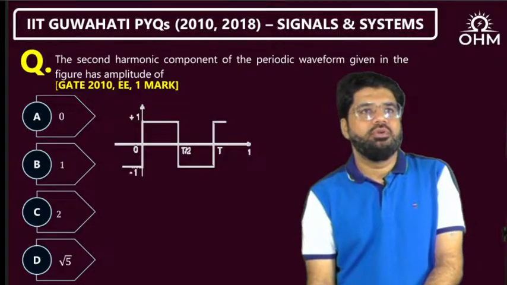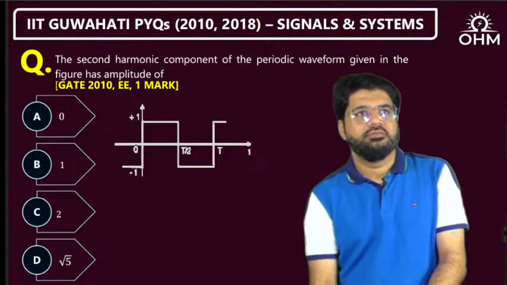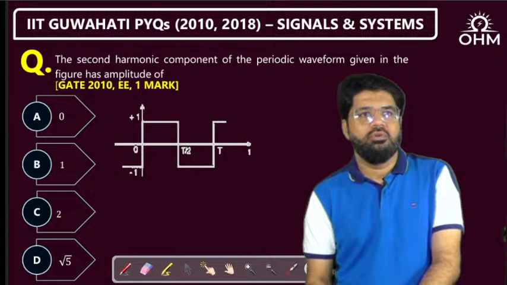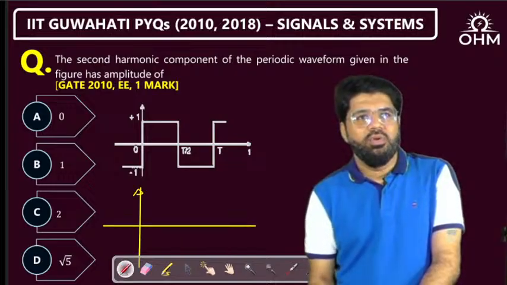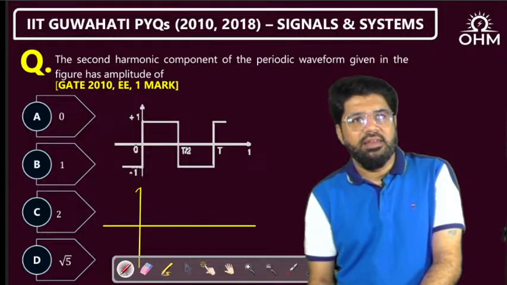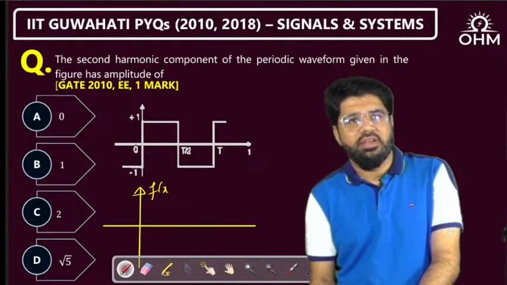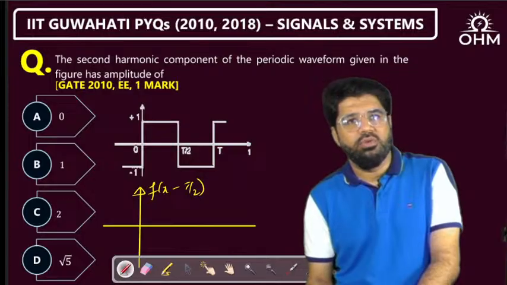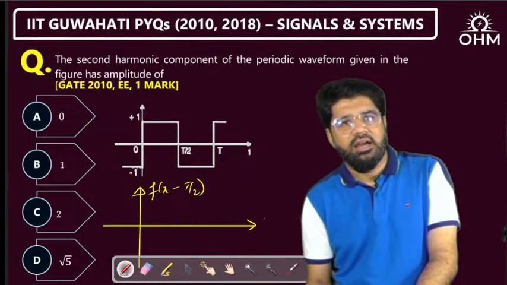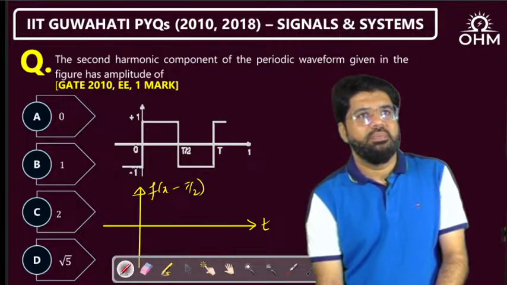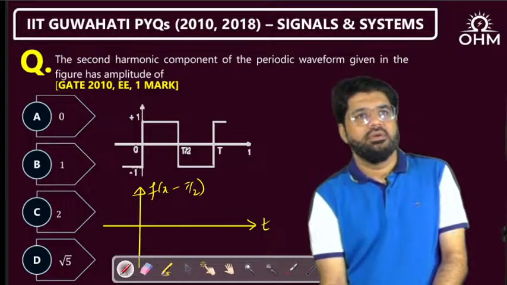You have to talk about the second harmonic component. It's a periodic square waveform. If I right shift by half the time period, T/2, then you will be able to see the correct analysis.